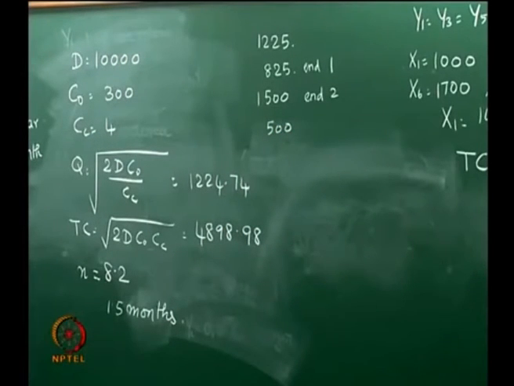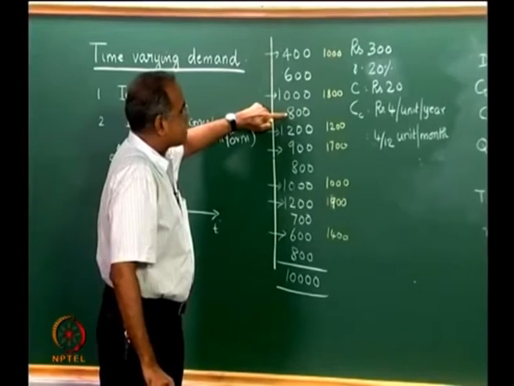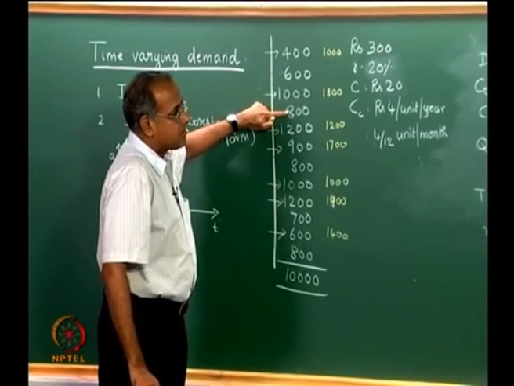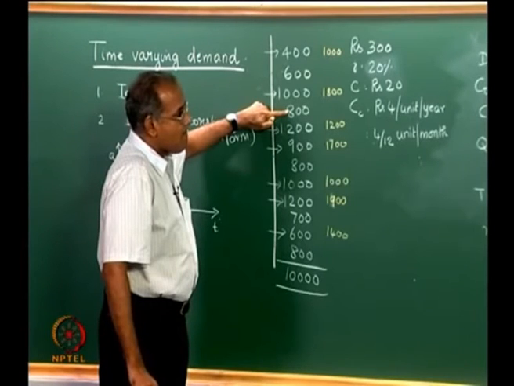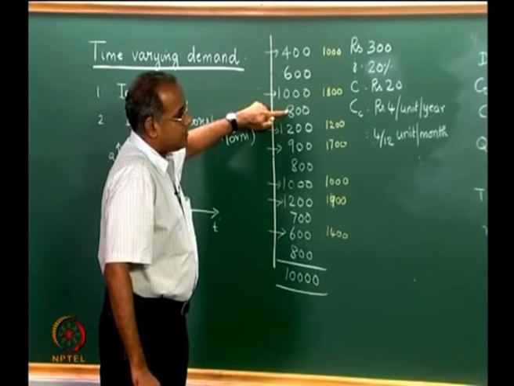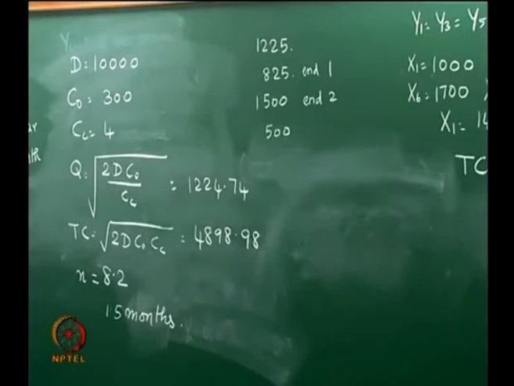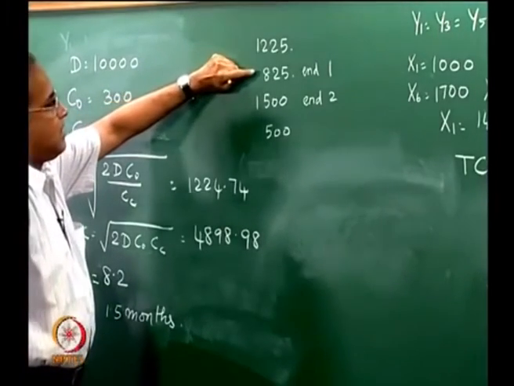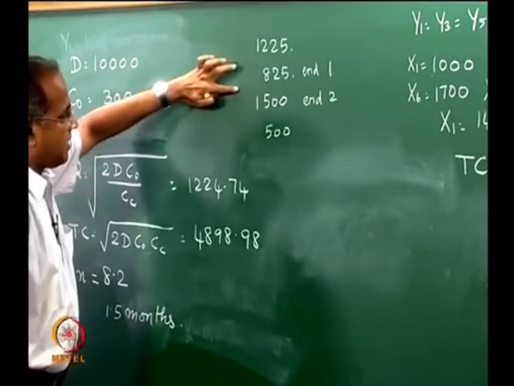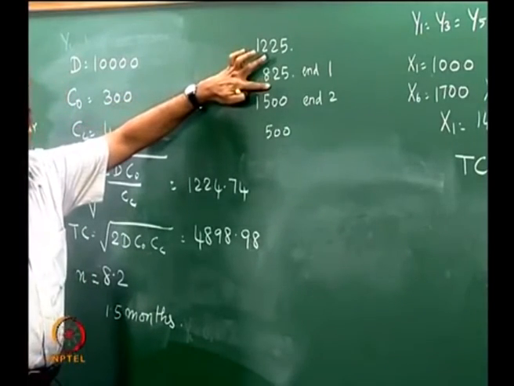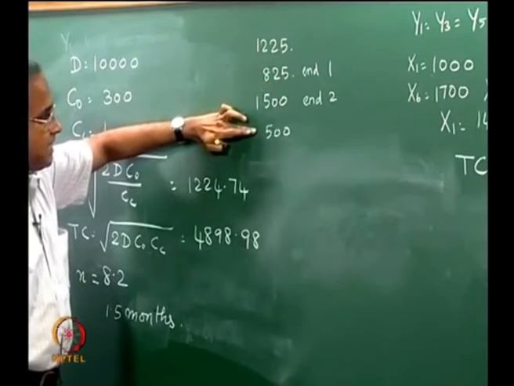Now halfway, the next order is going to come. The first order has actually come here, the second order will come at this point.